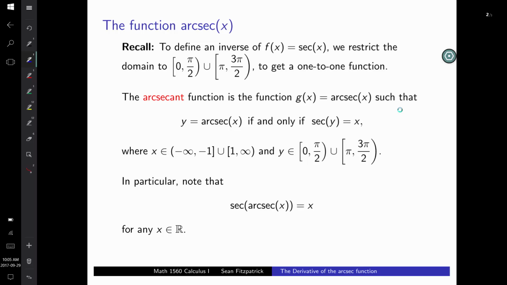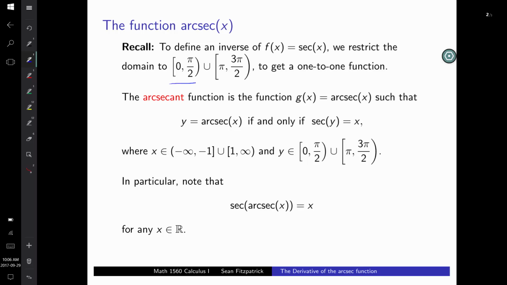Okay. So when we restrict the domain of the secant function, as I just said, you take the first quadrant angles, but rather than taking the second quadrant angles, which would be a reasonable choice, and that is a choice that you would see in a lot of pre-calculus and trig books, and from a trigonometry point of view, it's the right choice to make.